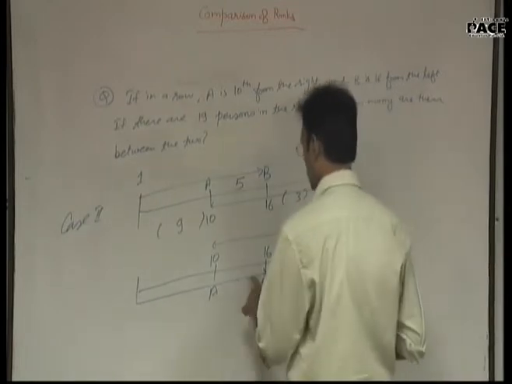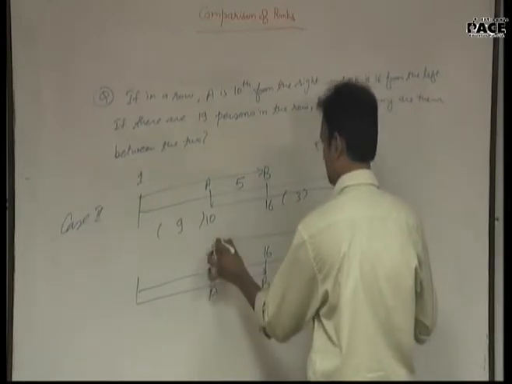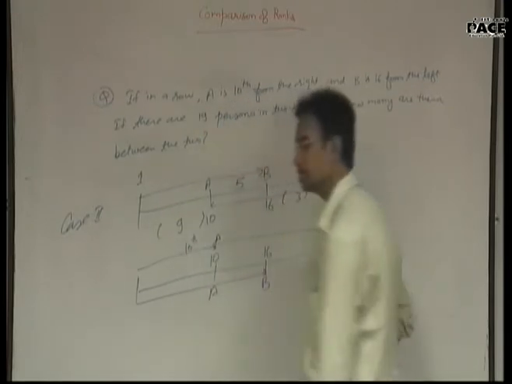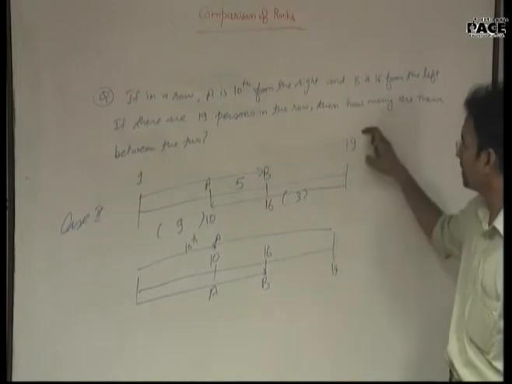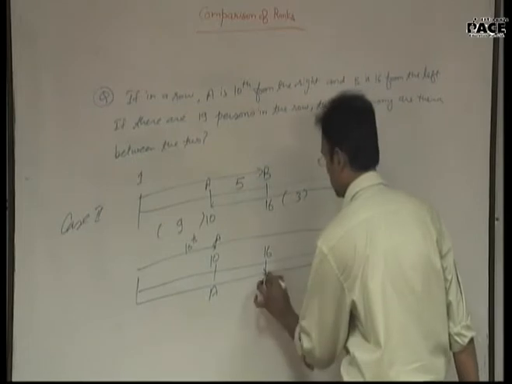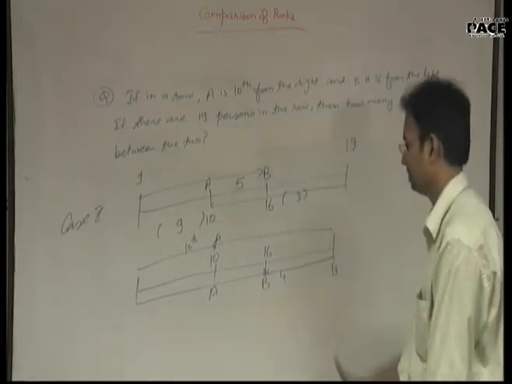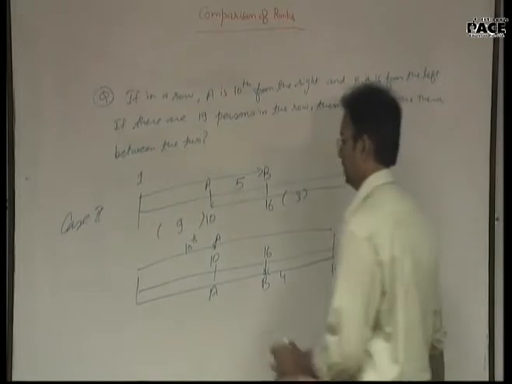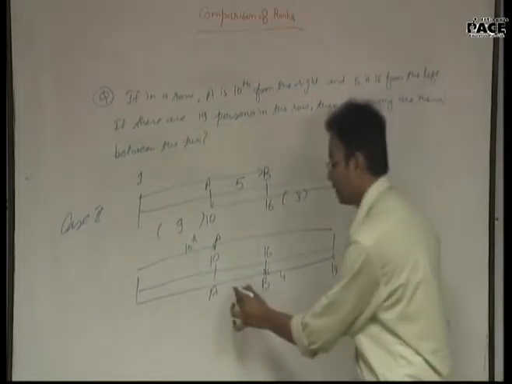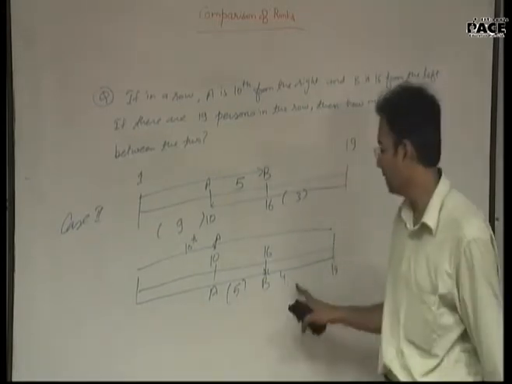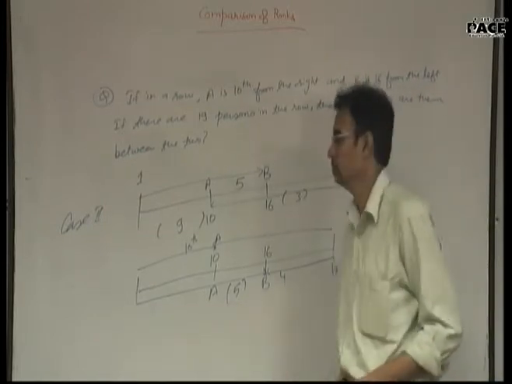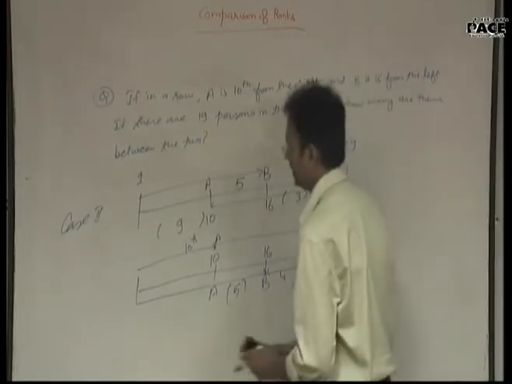If A is 10th from right hand side, it should be 10 from the left hand side, such that the total number of persons are 19. 10 plus 10, 20 minus 1. And similarly, B is 16 from here, it should be 4th from here. So 10 from here, 4th from here. How many are left? 5 are left. 10 plus 4, 14, and then 5 persons are between the two. So this is another method of understanding this problem.